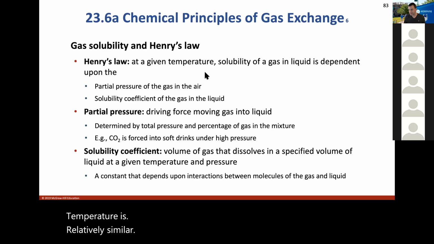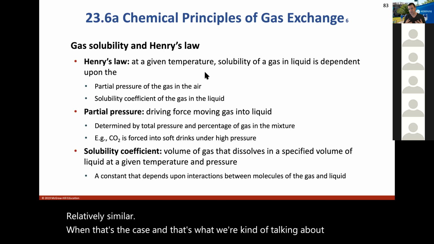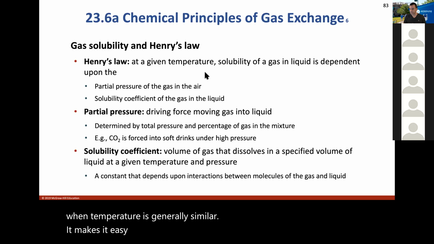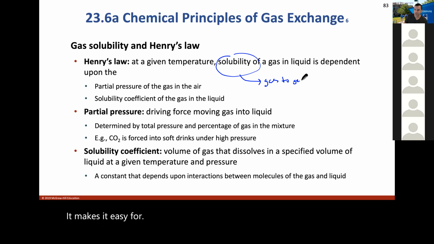When temperature is generally similar, it makes it easy for gas to get where it wants to.